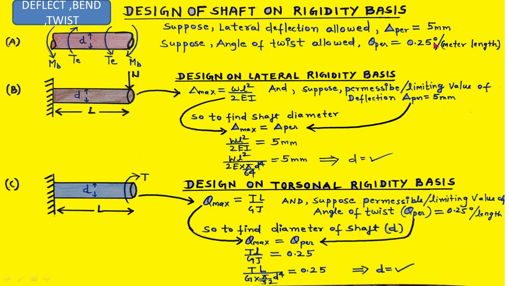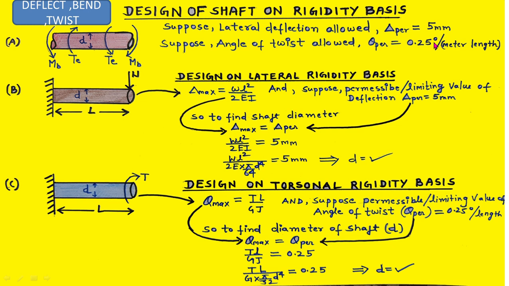If it is greater than 0.25 degree per meter length, then the design is not safe. So if this condition is satisfied for the angle of twist, then our shaft is safe on the torsional rigidity basis, so it is designed on the torsional rigidity basis.